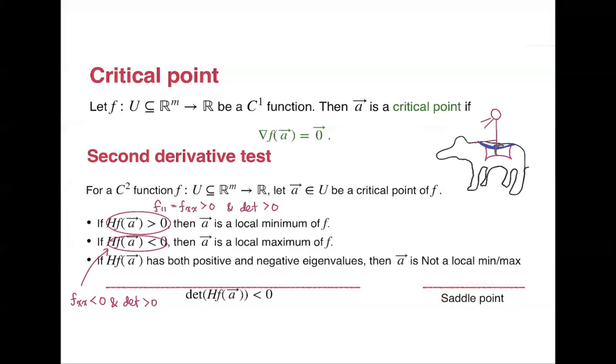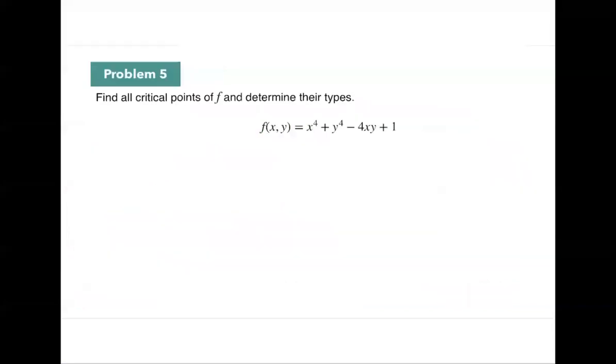Okay, we want to apply this theorem to our problem. This is the last problem. So what I want to do is first find the critical points and determine whether each critical point is a local minimum, local maximum, or saddle point.